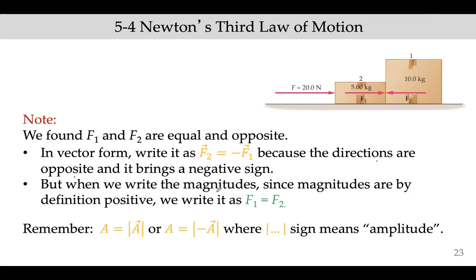But when we write the magnitudes, and since magnitudes are by definition positive, we write F1 magnitude equals F2 magnitude. And if you remember, the absolute value sign of a vector means its magnitude. The vector could be in the negative direction, but again, the magnitude is a positive number.